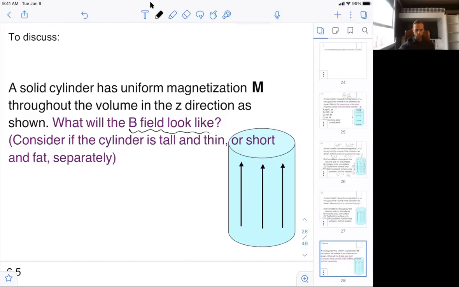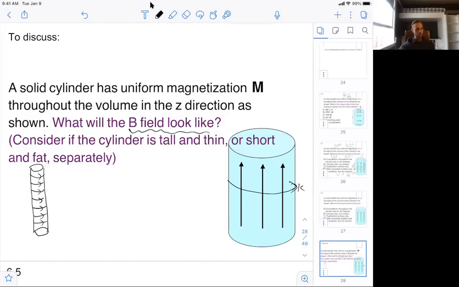This is equivalent to having the bound current in this way. This is a thin and tall cylinder. I have bound current going in this way.